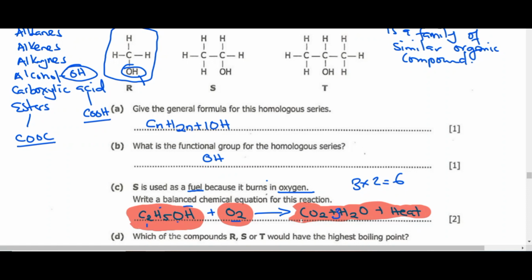Let us try to put a 2 here, and a 3 there. 3 times 2 gives 6, plus 1, that is 7. And here we have 3 plus 4, that is 7. So it means that it is balanced.